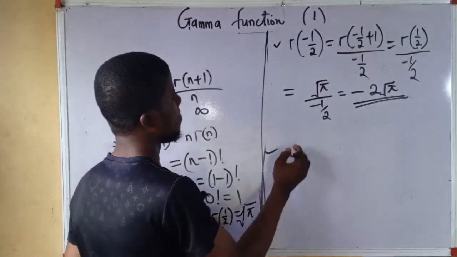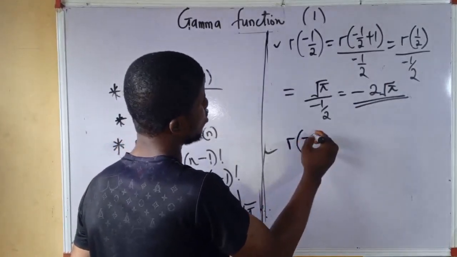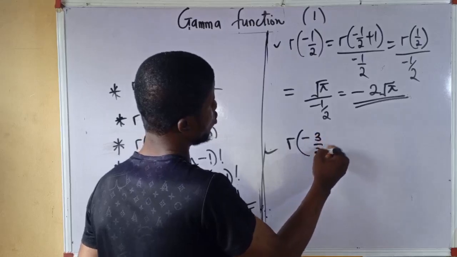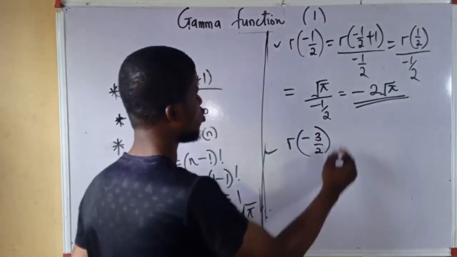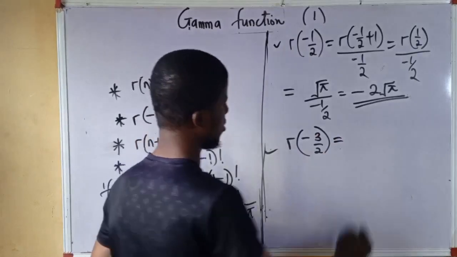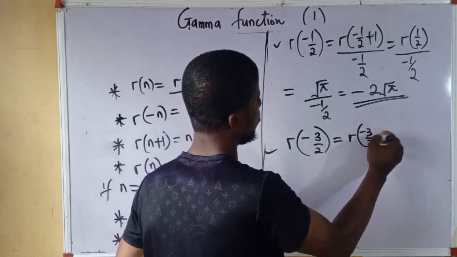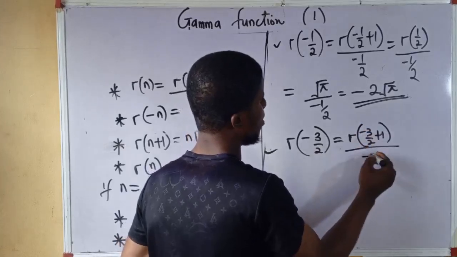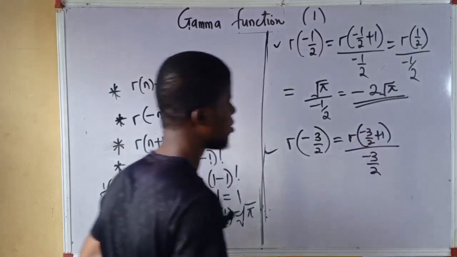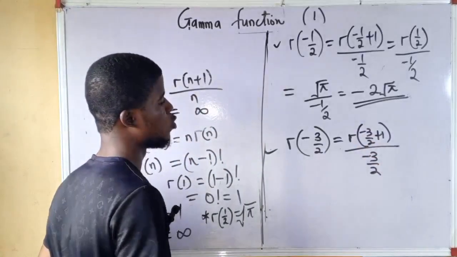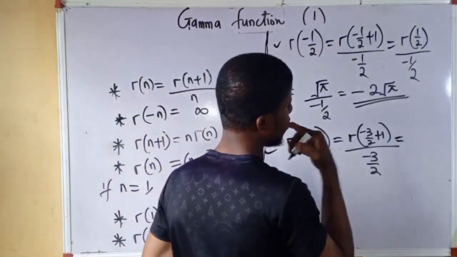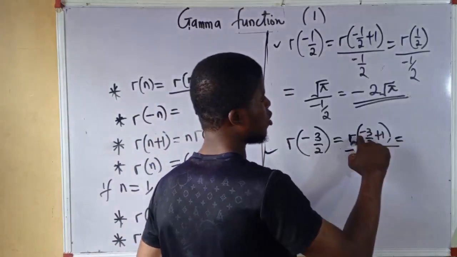So likewise, what is gamma of minus 3 over 2? It will be gamma of minus 3 over 2 plus 1 divided by minus 3 over 2, right? Minus 3 over 2 plus 1 is actually 2 times 1 is 2, 2 minus 3 is minus 1.